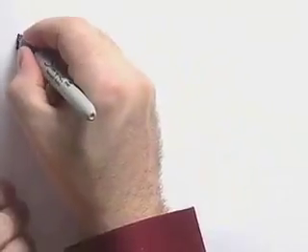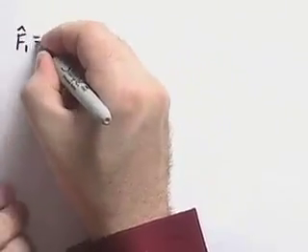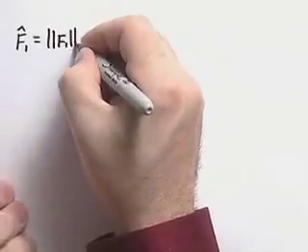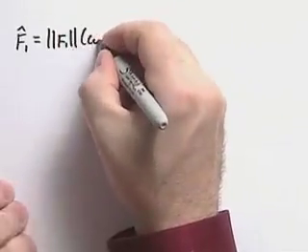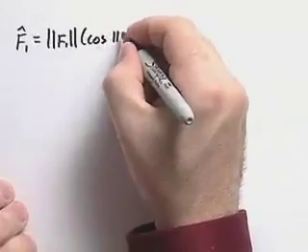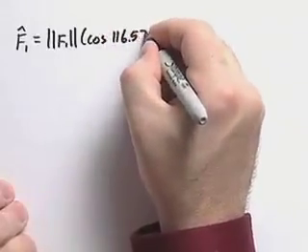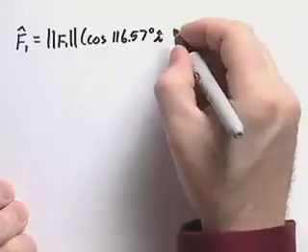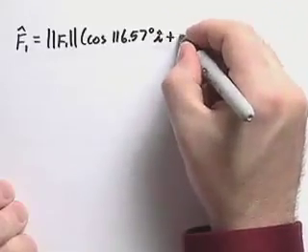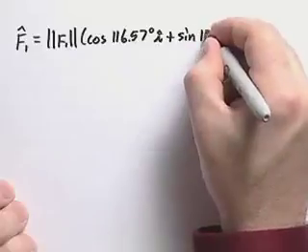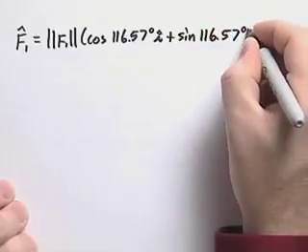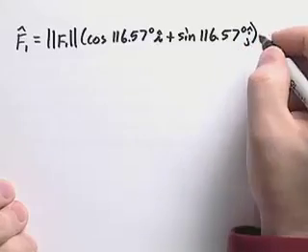So we're going to get that force 1 is equal to the magnitude of force 1 times the cosine of 116.57 degrees with the unit vector i, plus the sine of 116.57 degrees times the unit vector j.